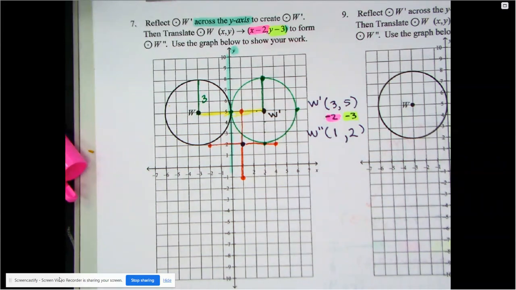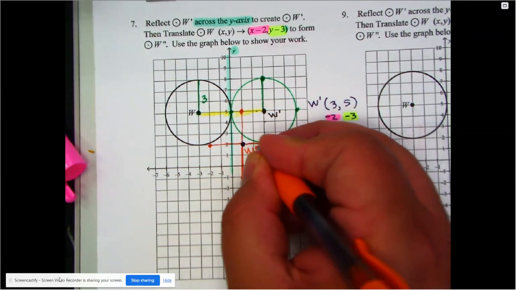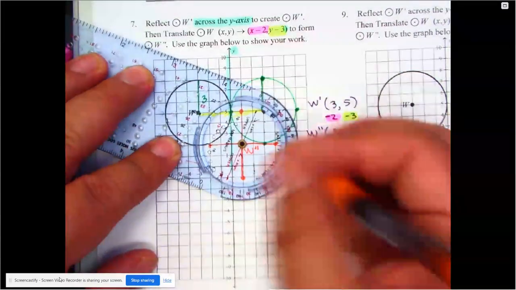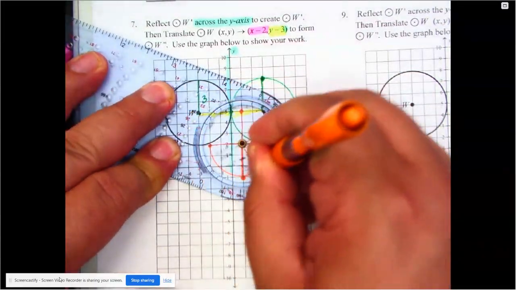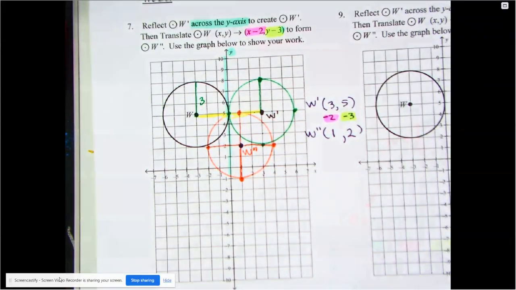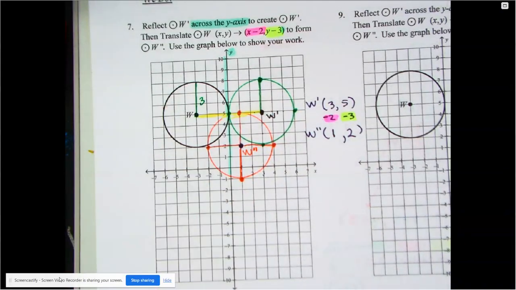So here we go. We're ready to draw this circle. It's our last one because this one is called W prime, double prime. And if they overlap, hey, that's okay. That happens. And so I draw my circle. And just like that, look, we're done. We needed 3 circles in this picture, the original, and then the other 2 provided for us.